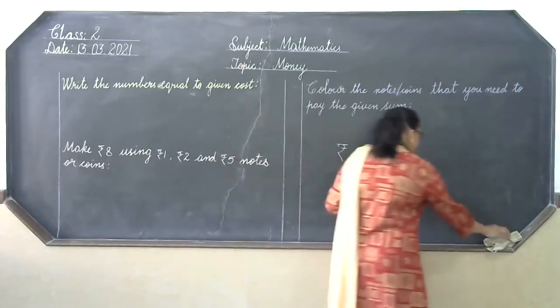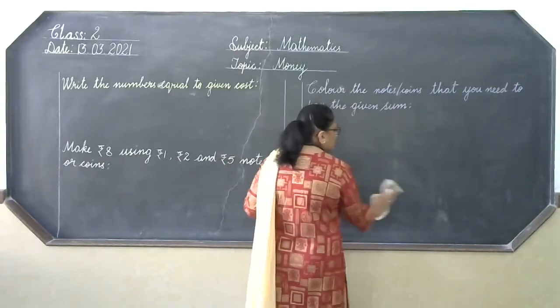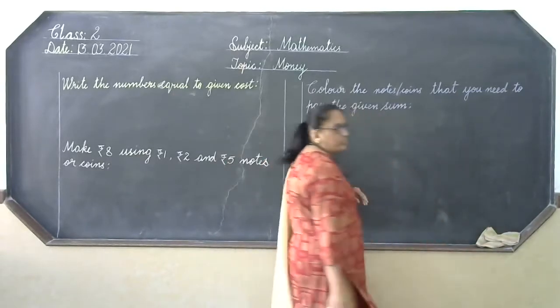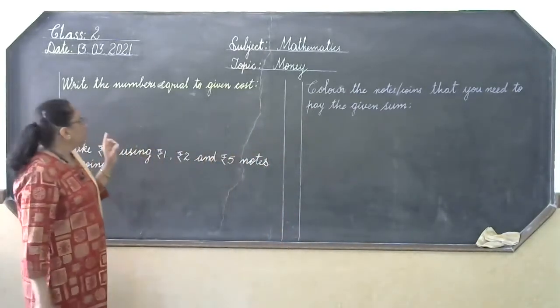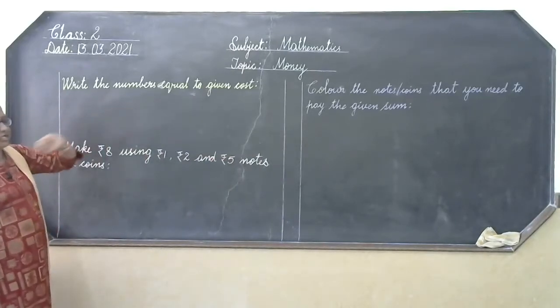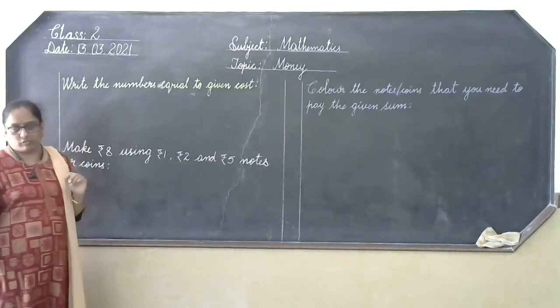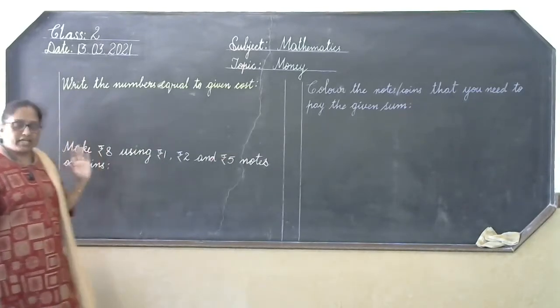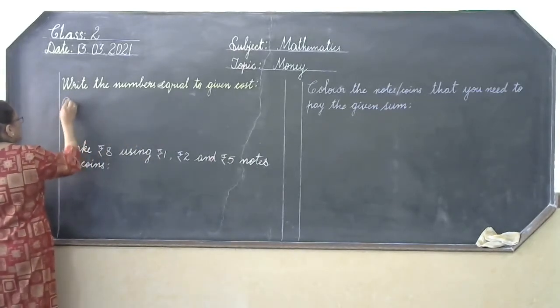So all this I explained in the previous class. Now, let us take up the next main, children. We will start this main. One main is about writing the numbers equal to the given cost. Writing the numbers equal to the given cost means, for example, I will give rupees 10.